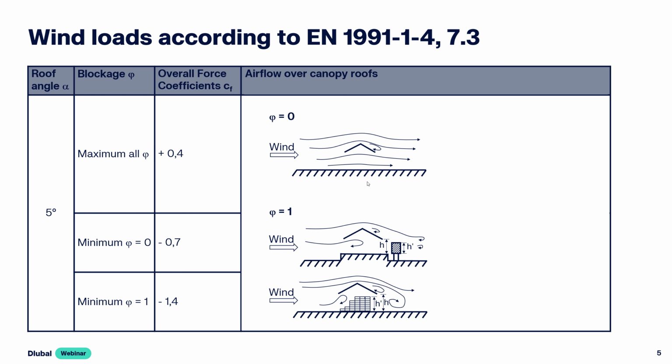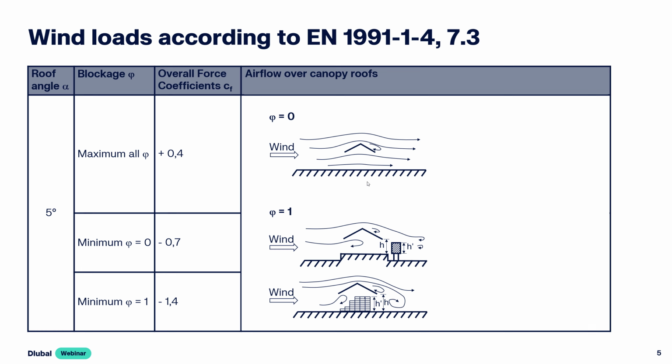On this slide, you can see an excerpt from table 7.6 of Eurocode 1991 part 1-4. I have limited the representation to a roof inclination of 5 degrees as this corresponds to the example.